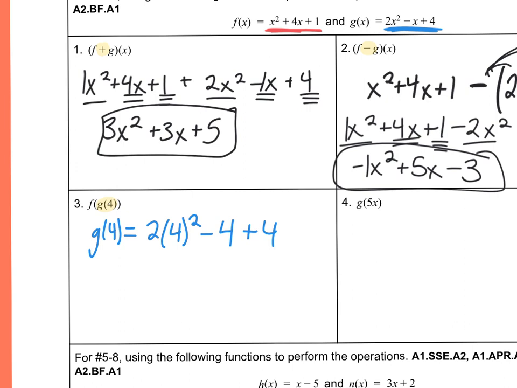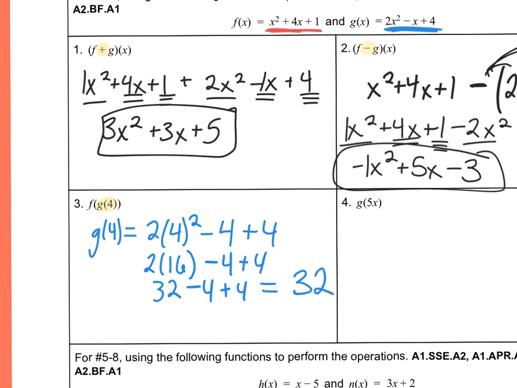The 4 squared, which is, so 2 times 16 minus 4 plus 4 would be 32 minus 4 plus 4, which is just 32. Okay, but we're not done. So what we just found there was we found g of 4 to be what? 32.